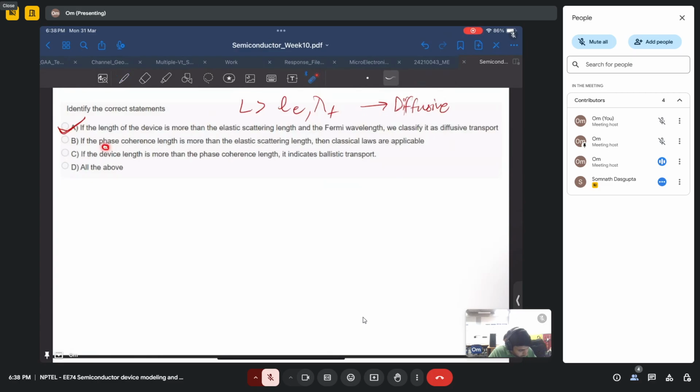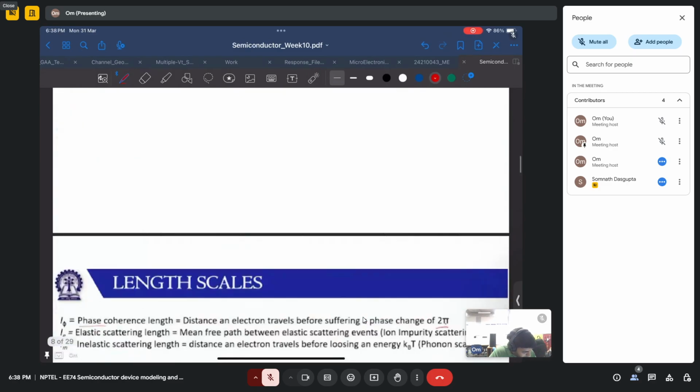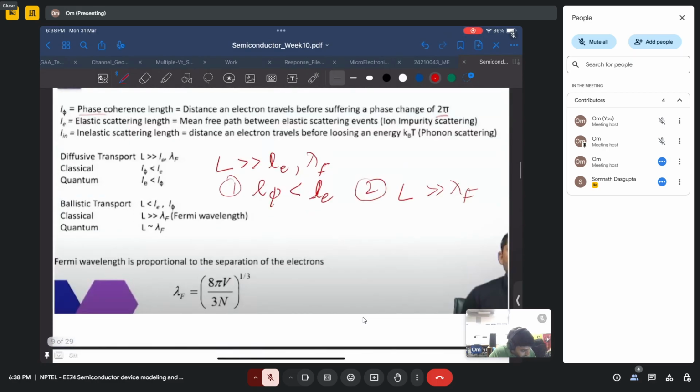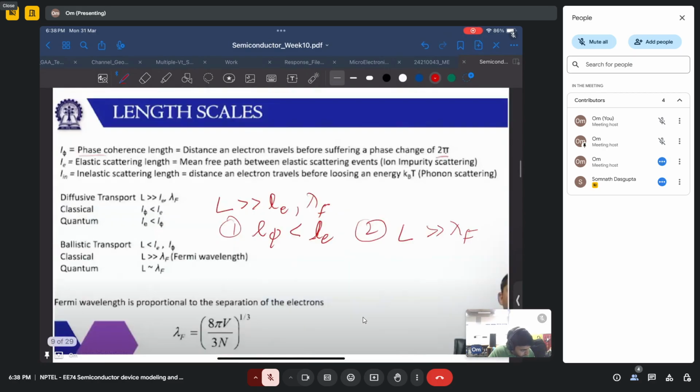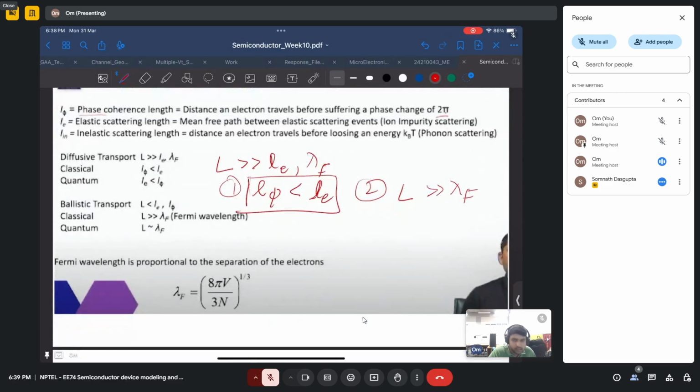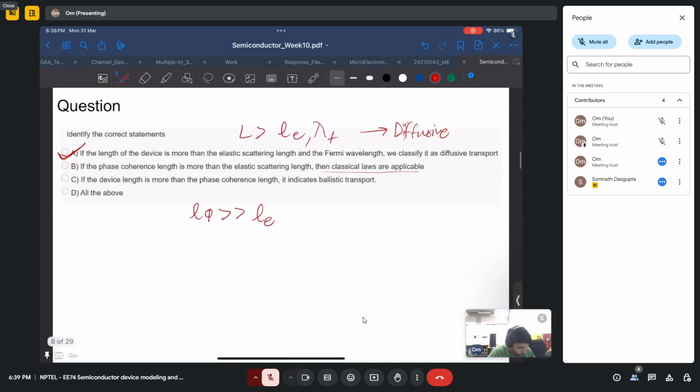If phase coherence length L phi is much more than elastic scattering length Le, then classical laws are applicable. Right. We see here it should be less than the elastic scattering length. So this is false. Third one must also be false.